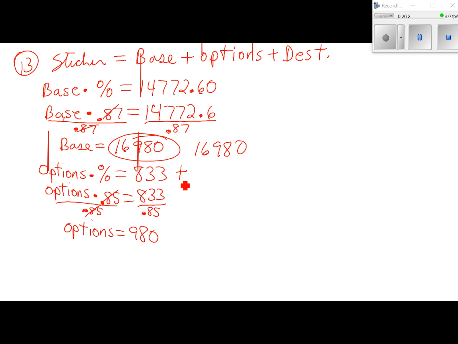And we're going to add on the options, which we found out was $980. And we're also going to add on the destination charge, which they told us was $250. So you're going to add all those up, and that's going to give you your answer. That's what the sticker price would be.